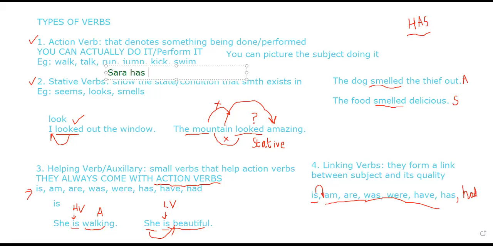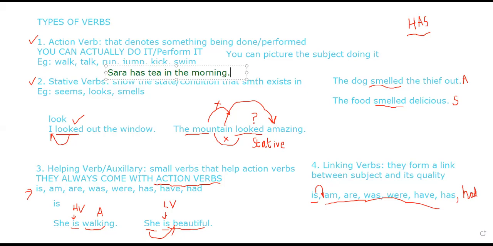Sarah has tea in the morning. Usually people say Sarah drinks tea in the morning, but you have tea, right? You take tea. You have breakfast. You take breakfast. People say, have you eaten breakfast? That is not right. It's technically not wrong either, because you do eat it, but the right words to use are, have you taken breakfast? Have you had breakfast? Have is used.